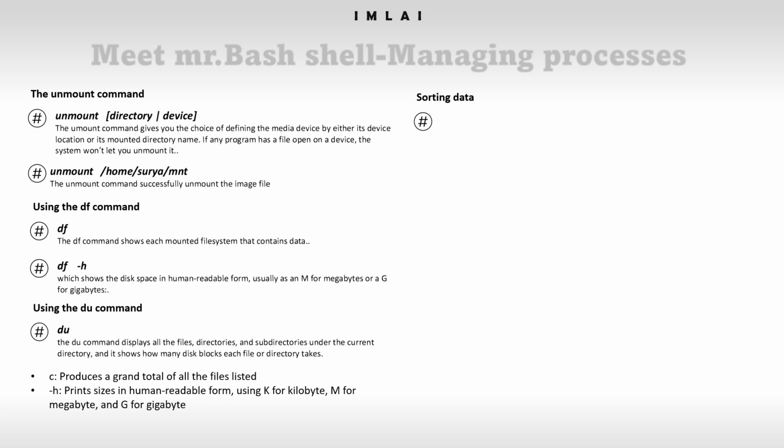So next we will look into how to work with data files. When you have a large amount of data, handling the information and making it useful can be difficult.